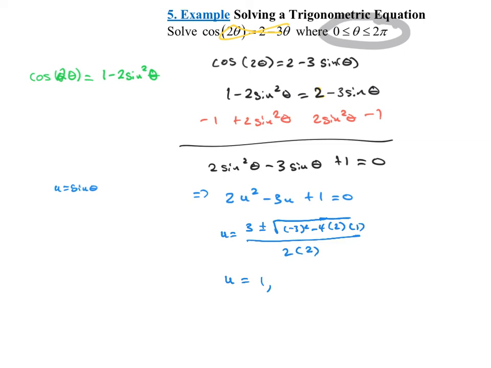And then instead of retyping all of this, I'm hitting the up arrow twice, so the entire problem that I just entered is highlighted. Hit enter. I'm going to hit the up arrow again and then the down arrow, and now I go into the beginning of where it typed it in, and I can just go over where it says plus and change it to a minus. So essentially all I did was copy and paste, and all I have to do is edit. Instead of 3 plus the square root of, I change it to 3 minus the square root of. Hit enter and it gives me the other value. So that's u equals 1 and u equals 1/2.